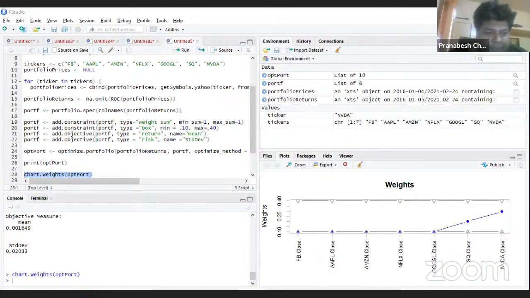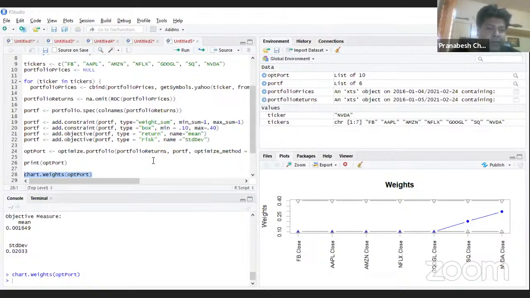Now you see everything is 10% all the way up to Google. And as soon as it reaches SQ and NVIDIA, it touches approximately 30%. So it's just a way to visualize. In fact, even the print function told us the same thing.